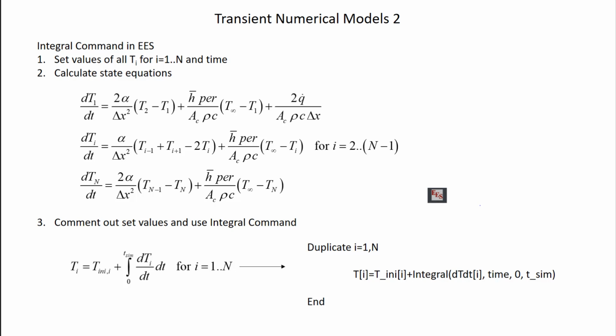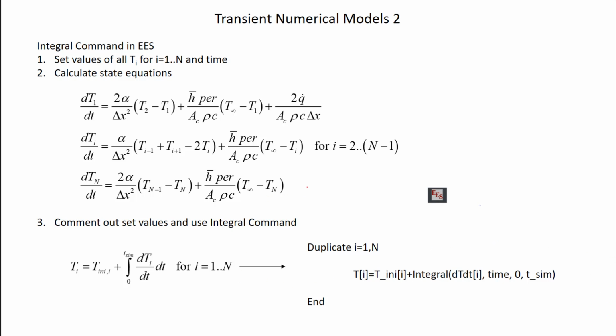And that is that we will initially set the state variables. In this case, we'll set all the temperatures and we'll set a value of time to some reasonable values, and we'll make sure that we can calculate all of the temperature time rates of change using the state equations that we've come up with here, right?